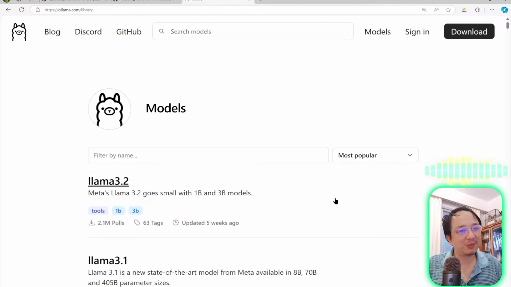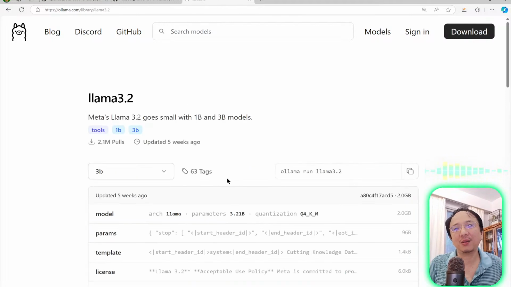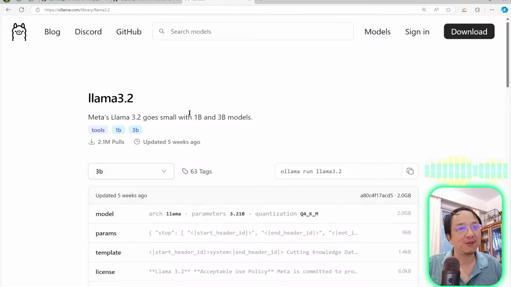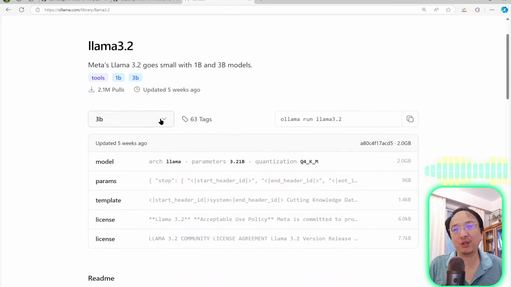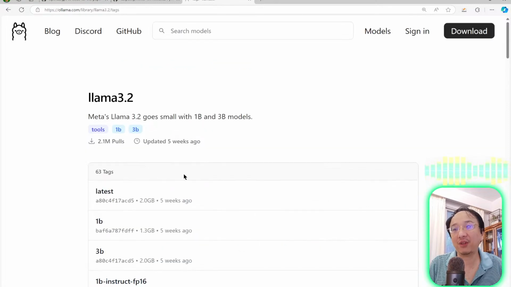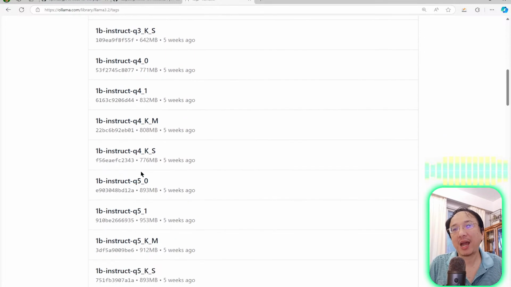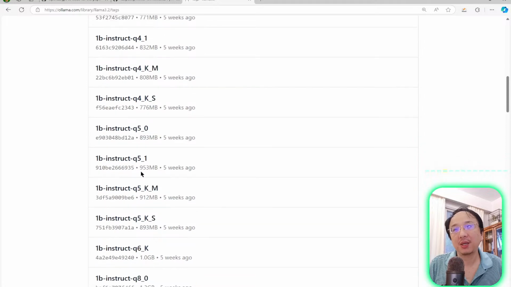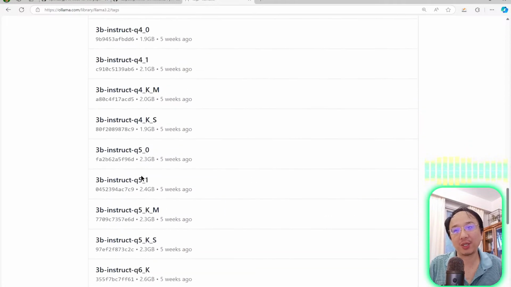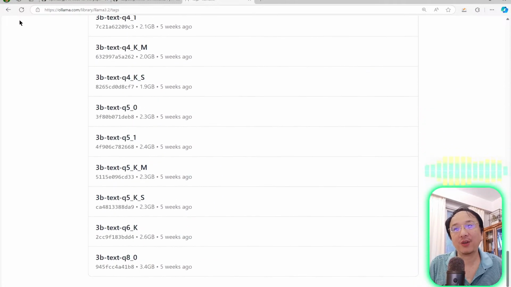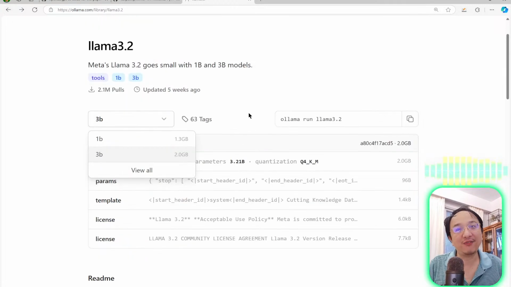However, models like the Llama 3.2 11B vision, or even bigger ones like 90B vision, are not there. You can see right here, it has 3B and 1B. In short, a lot of different choices you can choose from. However, it doesn't have the 11B vision, which you might be interested in.